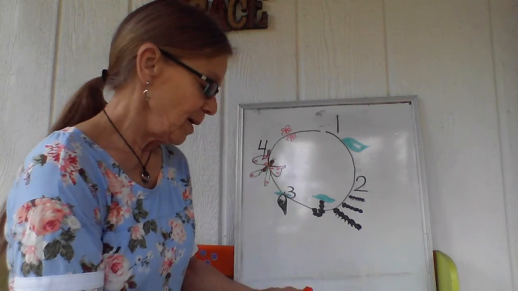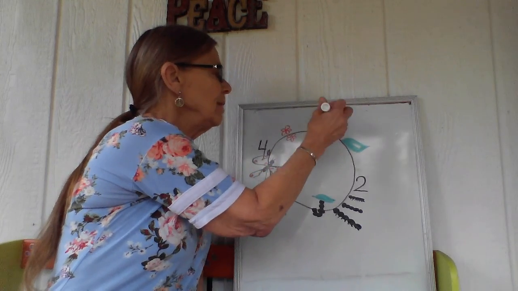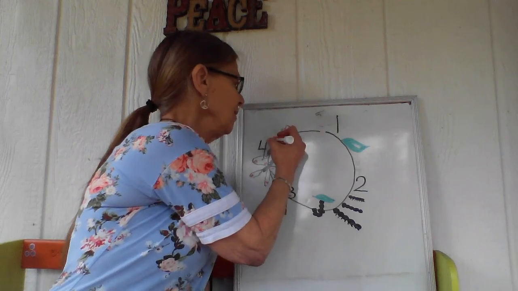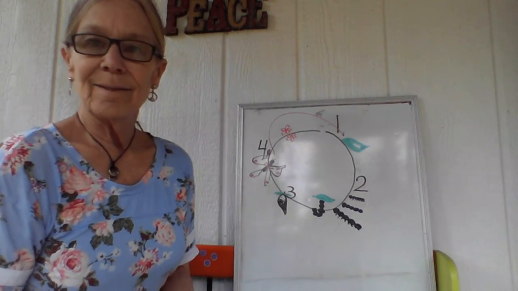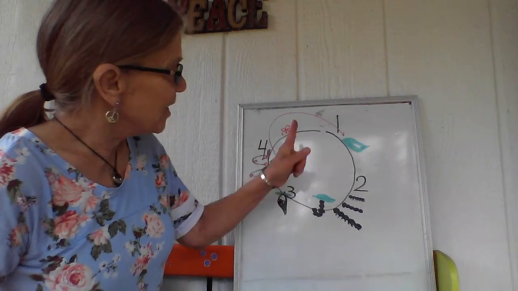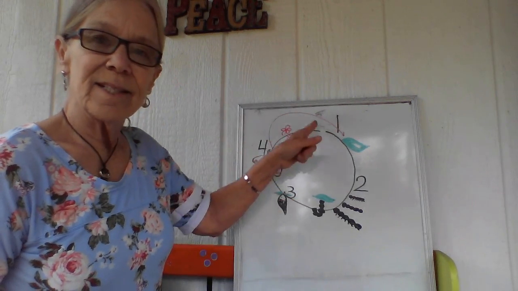And then, guess what? The last thing they do is the first thing that started our story. That butterfly will lay eggs. Isn't that amazing? So this happens every single time. It's the life cycle.